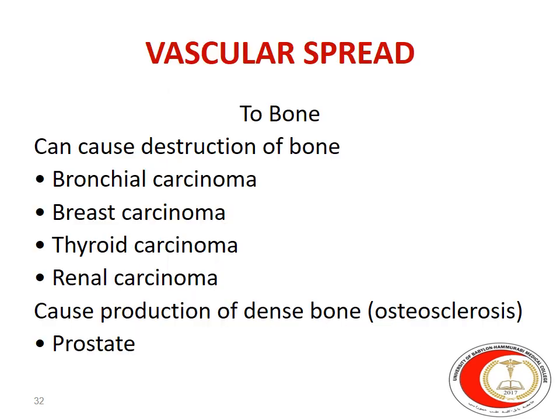Regarding the vascular spread to the bone, it can cause destruction of the bone with osteolytic lesions, like bronchial carcinoma, breast carcinoma, thyroid carcinoma, or renal cell carcinoma, or it can cause production of dense bone, what we call an osteosclerotic lesion or osteosclerosis, like prostatic carcinoma.